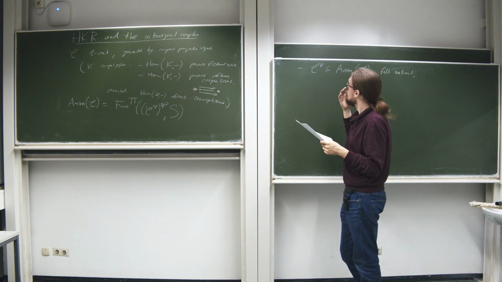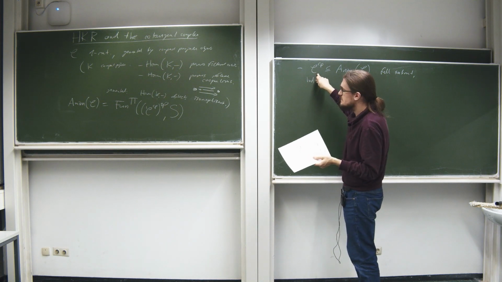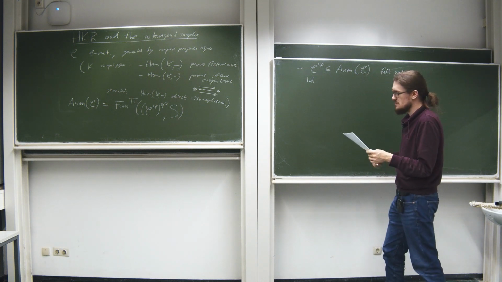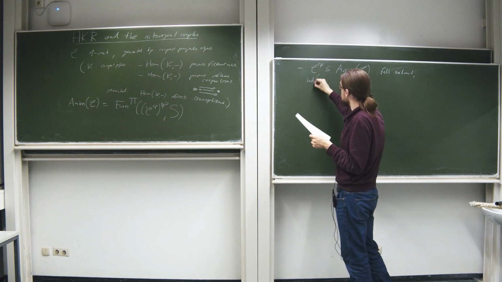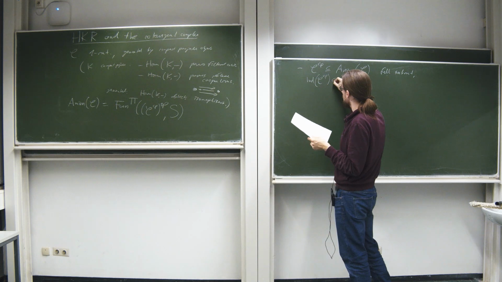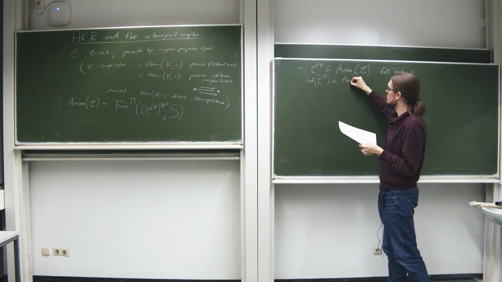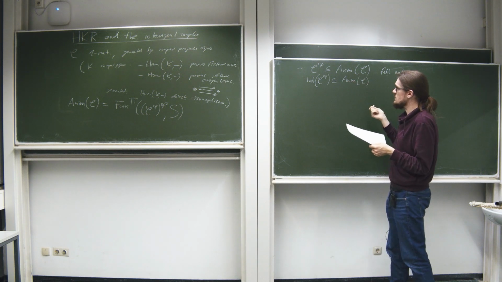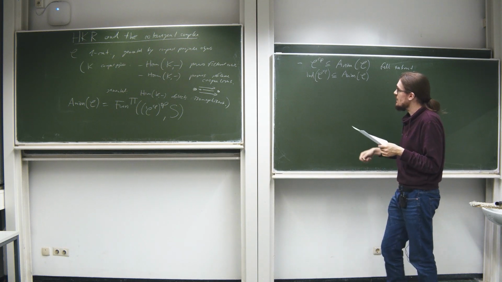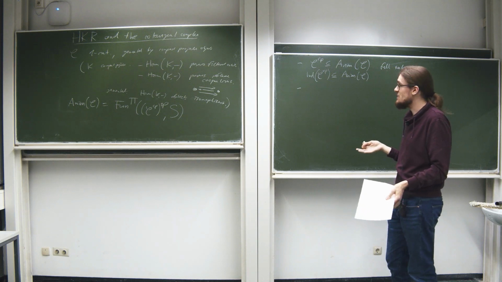And I said that these generate everything under filtered colimits and geometric realizations, but if you just close them under filtered colimits, then you see that the infinity category of compact projective objects also sits in here as a full subcategory. And then general objects, so we also need to involve geometric realizations.